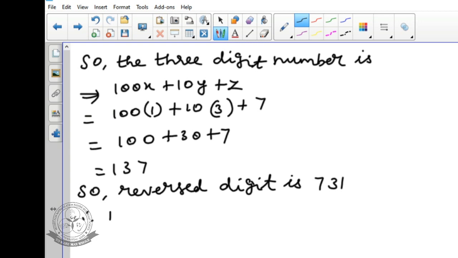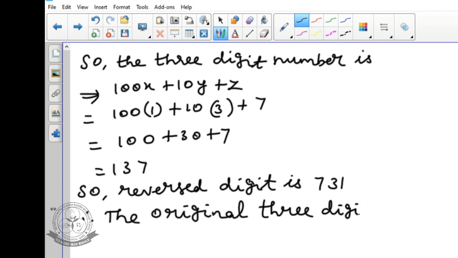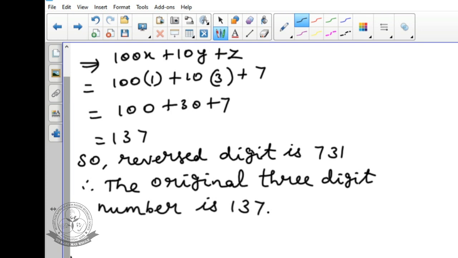Therefore, the original 3-digit number is 137. Okay. In this sum, we have to assume that in the 3-digit number, x will be in the hundreds digit, y will be in the tens digit and z will be in the unit digit.